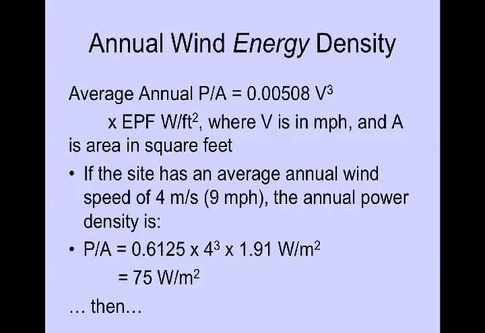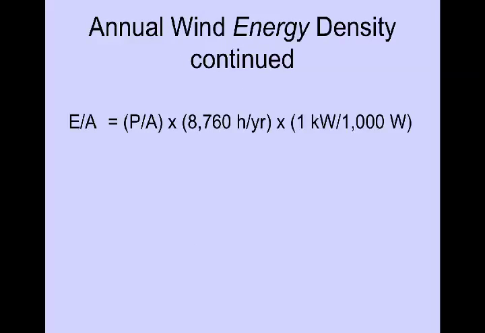Once we've got that number, we then multiply it by the number of hours in a year, 8,760, and we're going to multiply that times what a kilowatt would be, right? So 1 kilowatt divided by 1,000 watts ends up to be 0.001. This is a formula you are going to have to use for some homework this week.